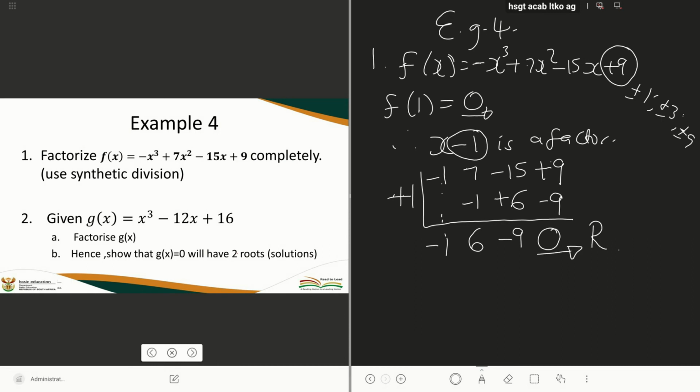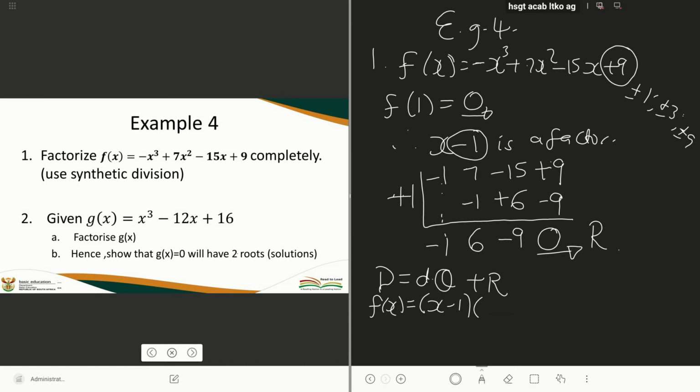Remember, this is the synthetic division method, so you can apply the dividing rule: dividend equals divisor multiplied by the quotient plus the remainder. Our dividend is the given function f(x), so f(x) is equal to our divisor, the factor x minus 1.